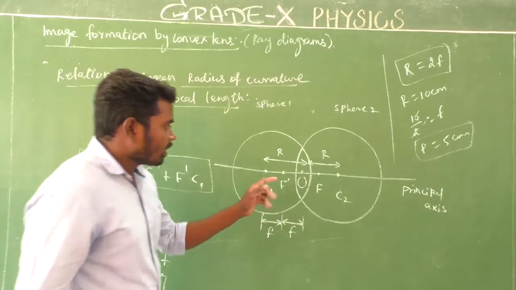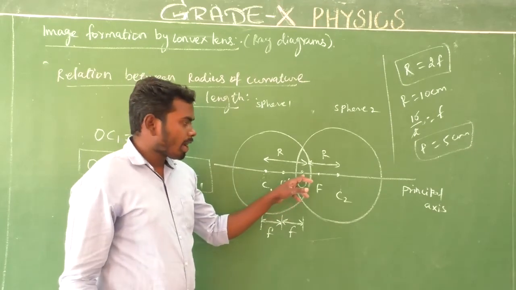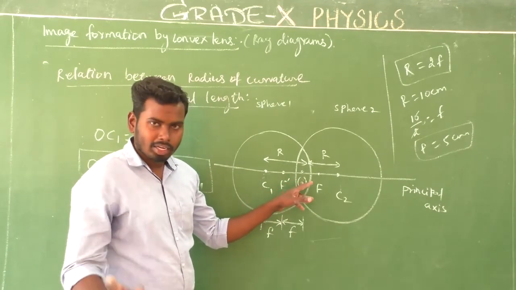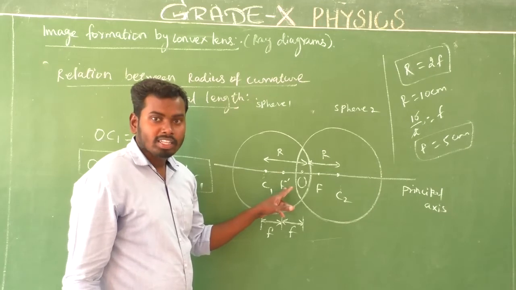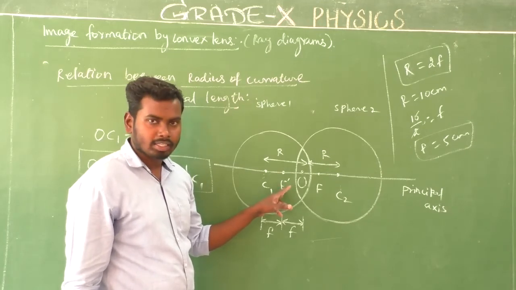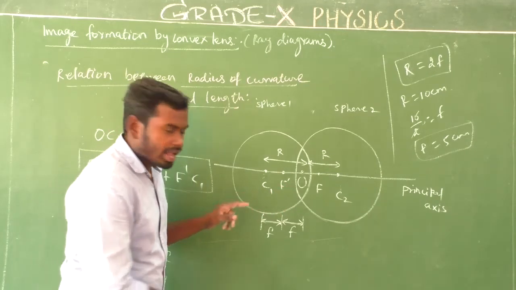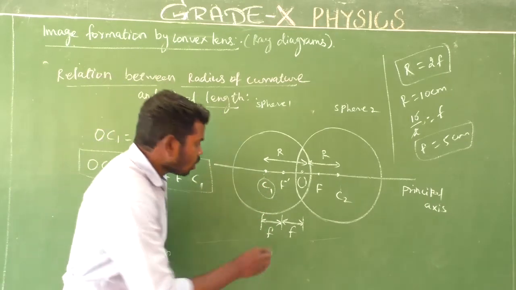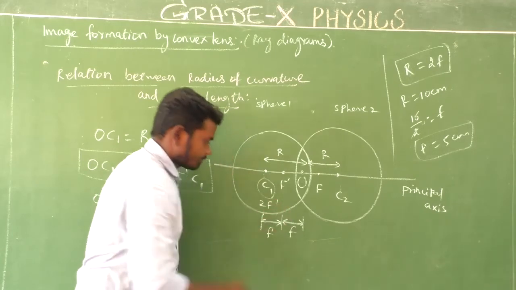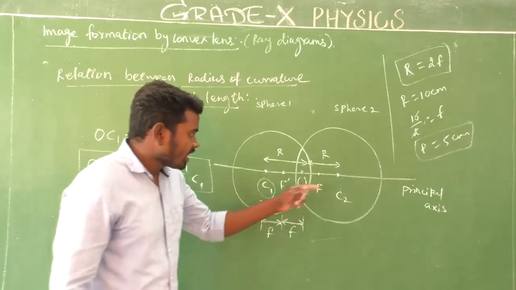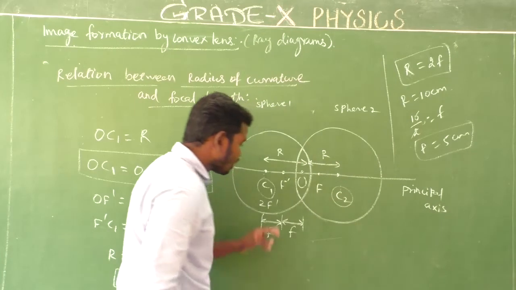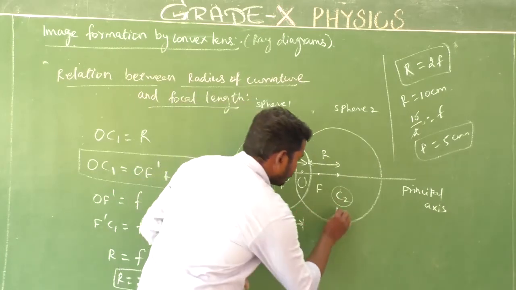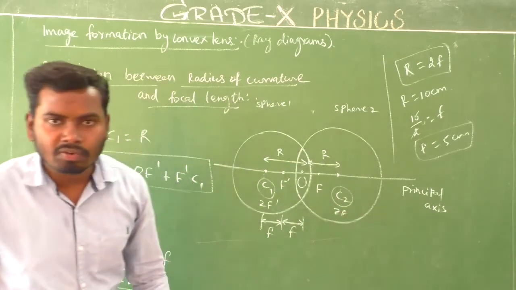Okay, but look here. The center point of a convex lens is O. F is the focus of a concave lens. But I am going to take this center of curvature as 2f dash. Even here also I am going to take 2f instead of C2.